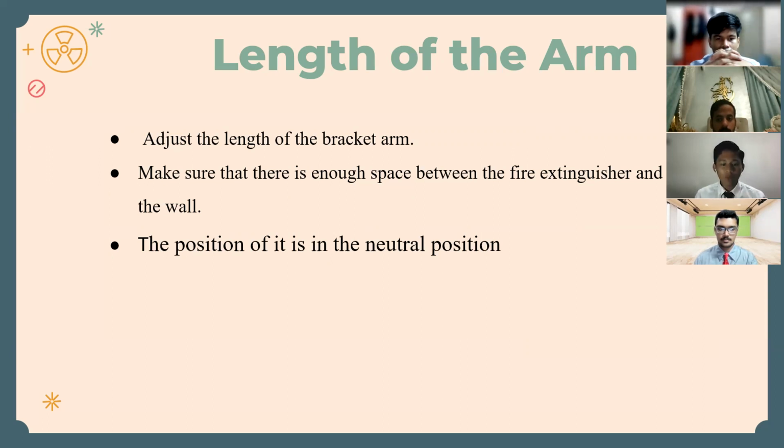If we want to implement this modification, we need to make sure that there is enough space between the fire extinguisher and the wall which the bracket is pinned to, because we want to make sure that when we put the fire extinguisher on the bracket, the fire extinguisher is in its natural position. So that's it for the first modification.